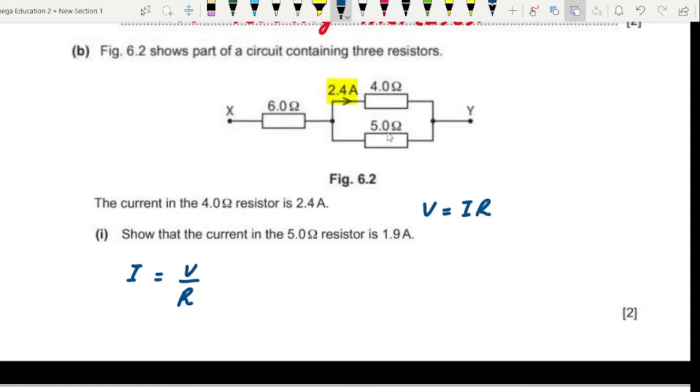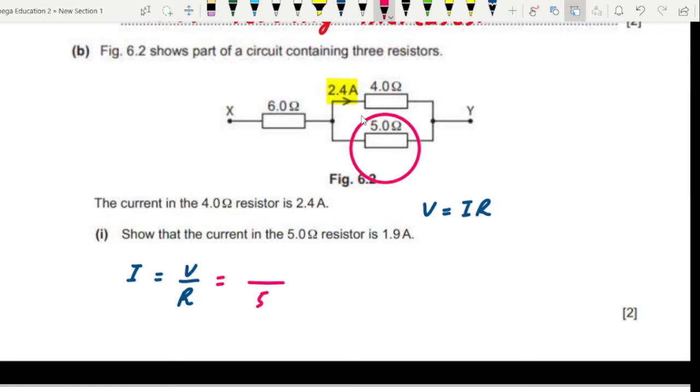We can get the values from the circuit itself. The value of R is this one, 5 ohm. So instead of R, we can write 5. That's the value of resistance. Then the question is, what is the voltage across this 5 ohm resistor?